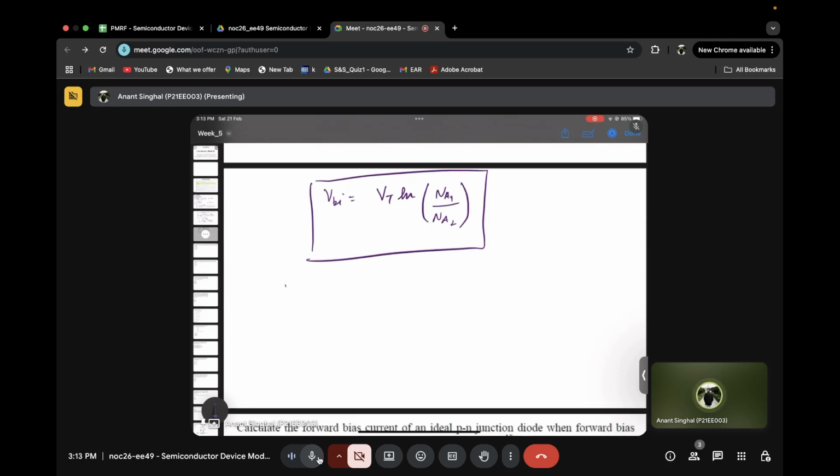So now we have already the value, so it will be 0.026 times ln 10 to the power 17 by 10 to the power 15.